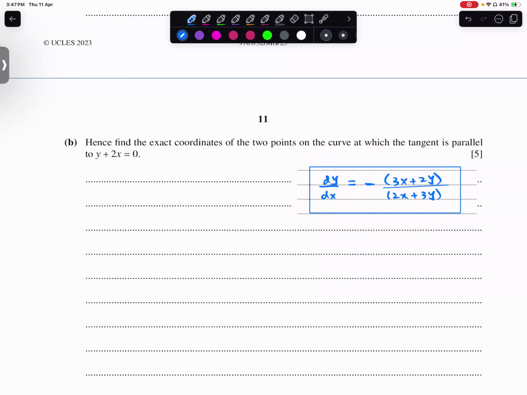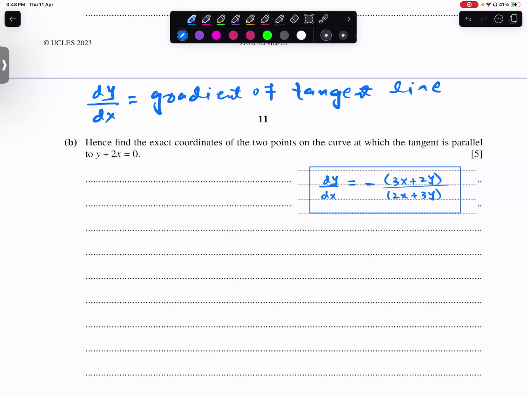So for them, dy by dx is the gradient of the curve. This is not true. A curve does not have any gradient. A line has. So it is the gradient of the tangent line.